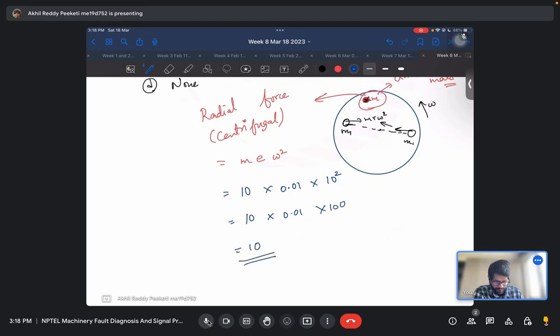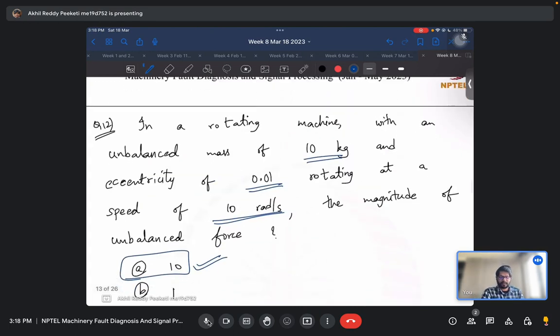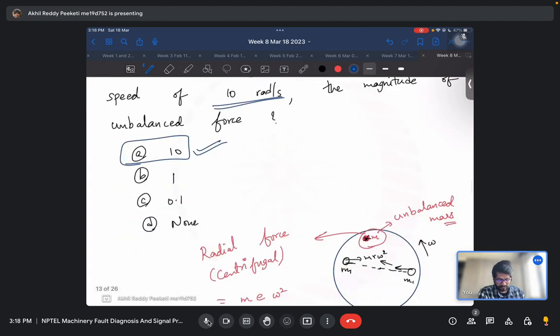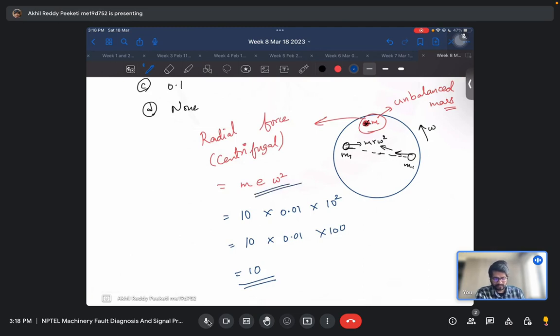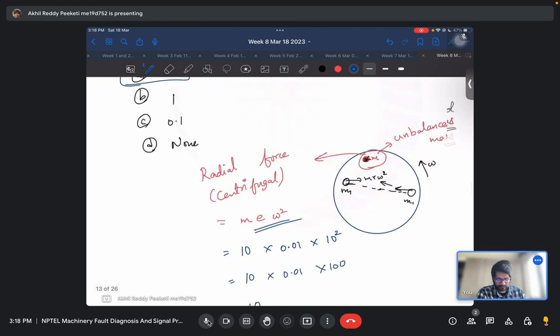So 10. So unbalanced mass with an eccentricity given and speed given actually creates an unbalanced force of m e omega square.